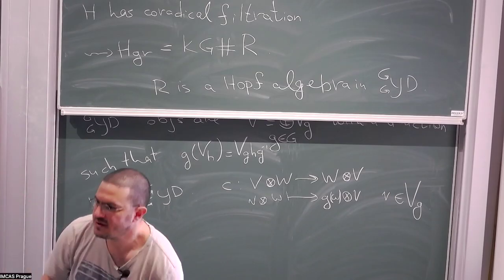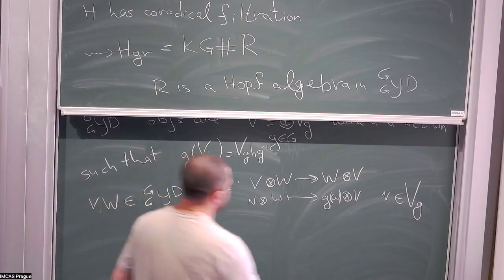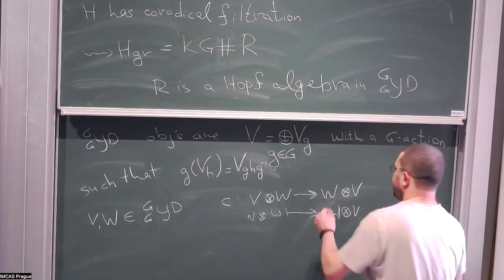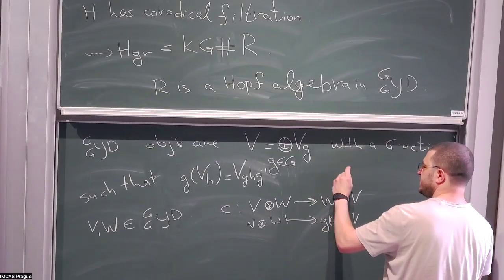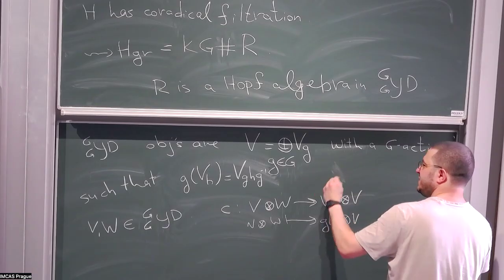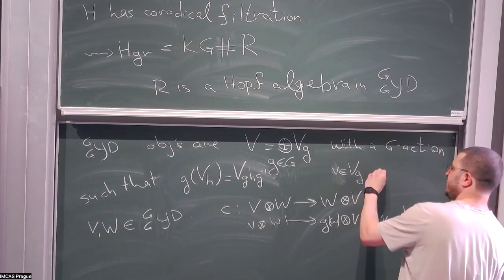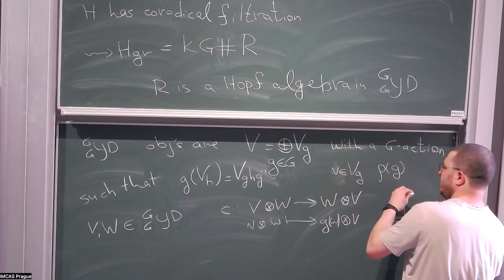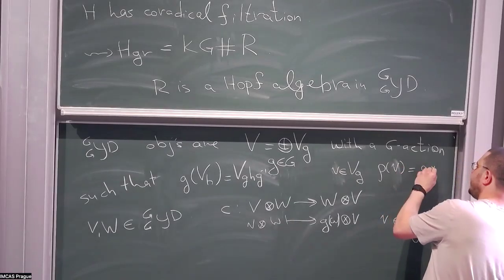Maybe it might help people: could you say how the coaction is defined? Yes. If I have v inside V_g, then the coaction ρ of v is going to be equal to g⊗v.